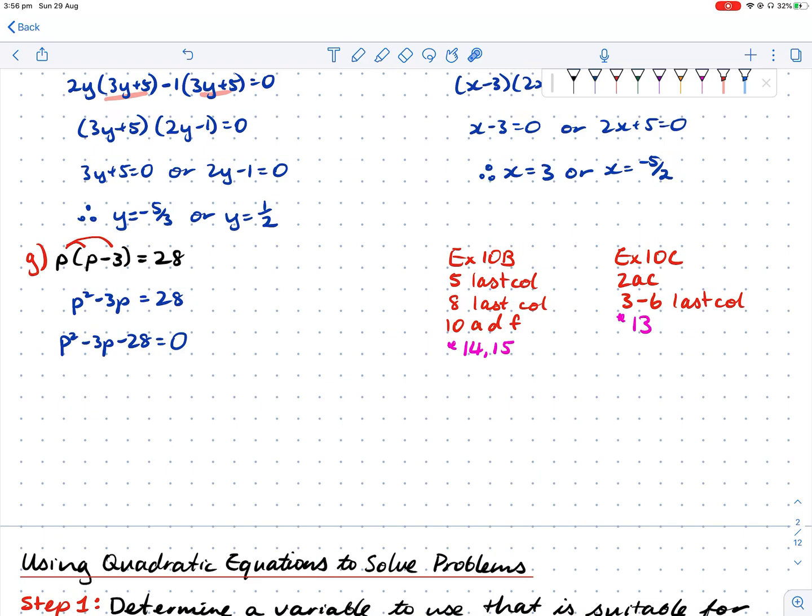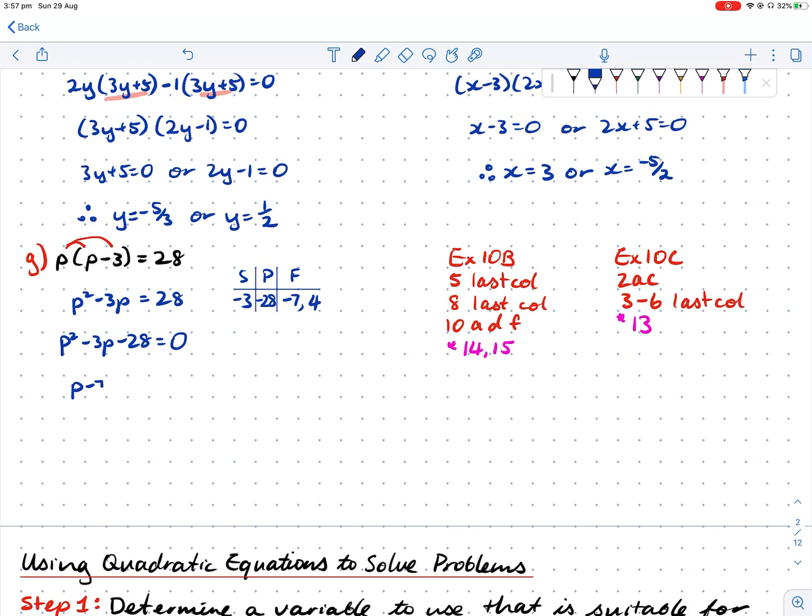So always we need to be starting in standard form. So we're going to SPF this. We want two numbers that add to give negative 3 and multiply to give negative 28. Now those two numbers should be negative 7 and positive 4. And because this one is monic, there's a 1 in the front there, we can use our shortcuts.